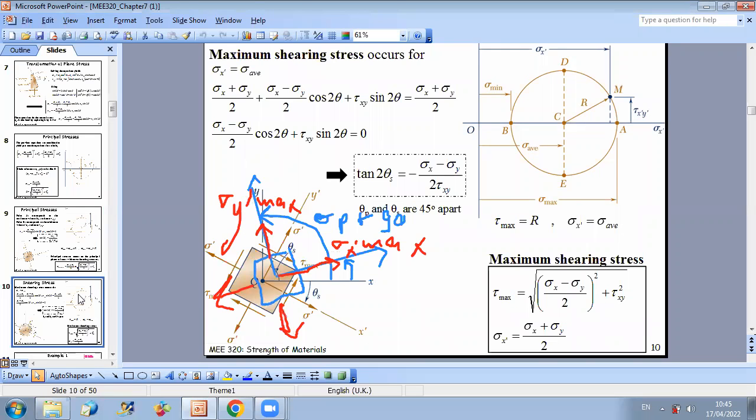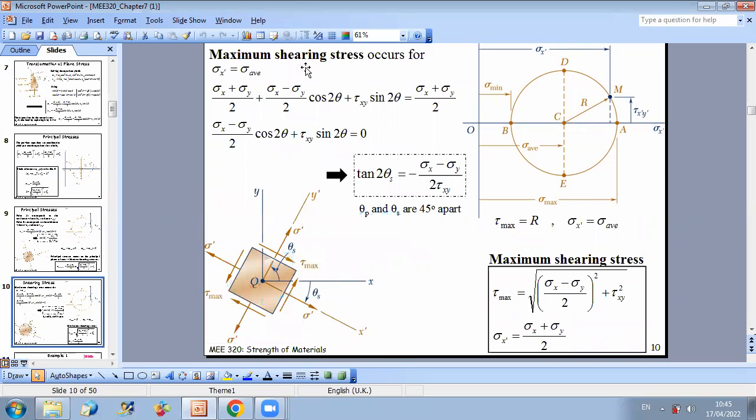Now, what about other characteristic points corresponding to maximum shear stress? So now we have solved for the state of stress corresponding to maximum normal stress. Now, if you want to solve for points corresponding to maximum shearing stress, we can also easily determine this from the figure.